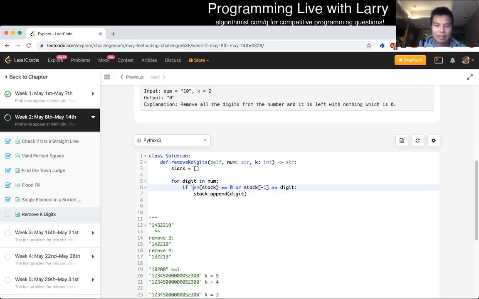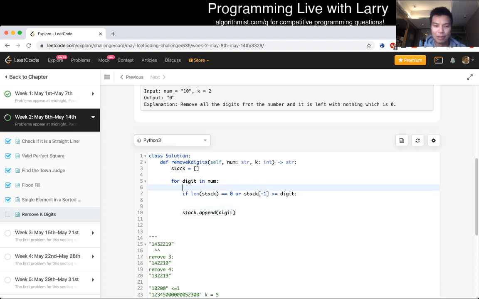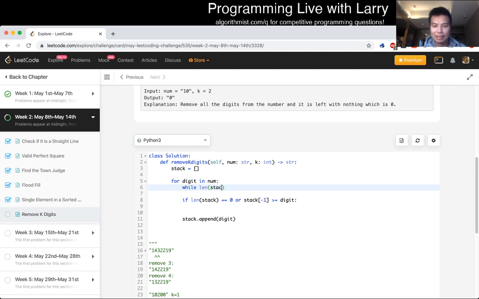Okay. Is that good? It is, but we actually want the inverse of this, because I think we always want to push this anyway, but we want the other case where while len of stack is bigger than 0, and the top of the stack is bigger than, or smaller than, this digit.